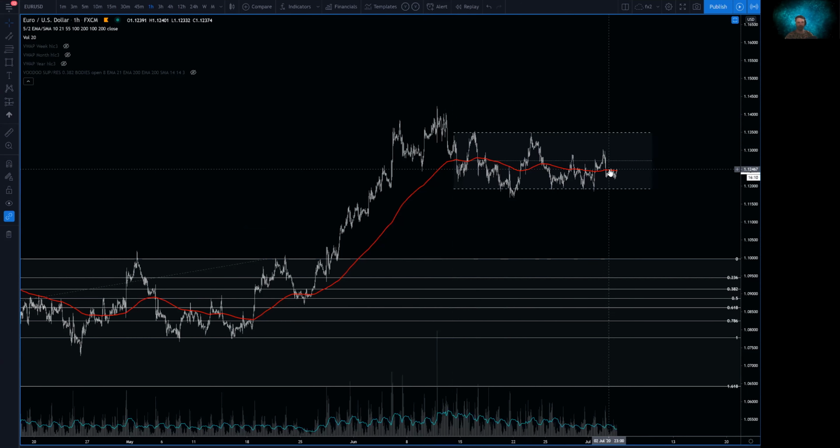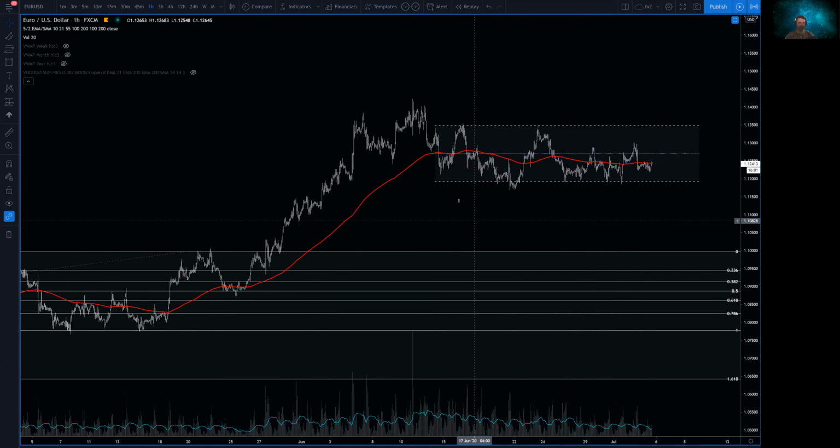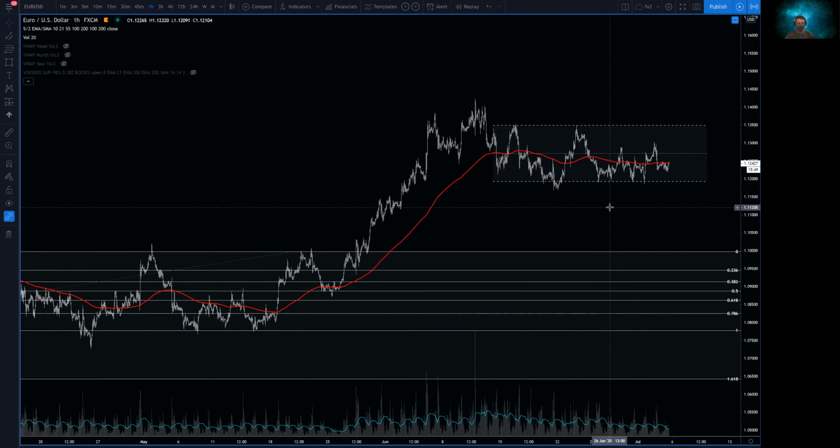If you see a picture like this, you're probably consolidating because the price cannot decide where it is going. And also in consolidation, you can trade from the middle of the range to the top. You can trade using the EMA, but never hold your trades above the range resistance or the support.